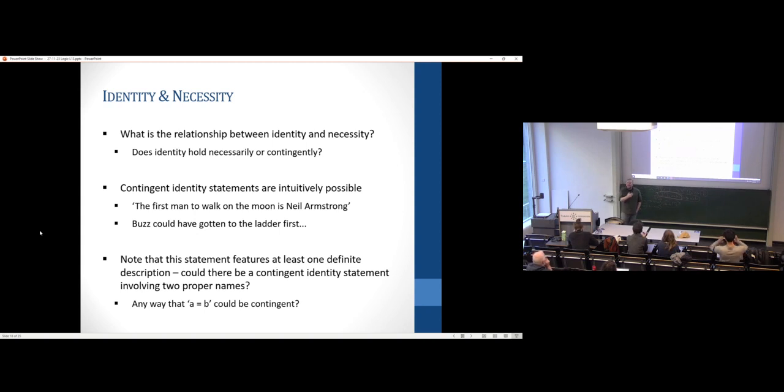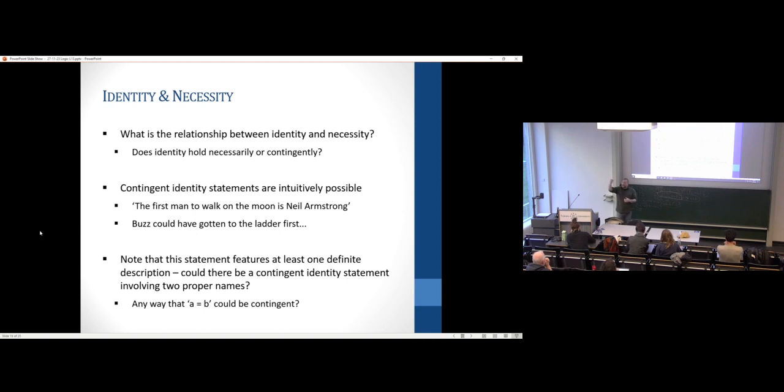But note that this identity statement features a definite description, right? The first person to walk on the moon, the F, and a proper name. So cool, those seem really easy to make contingent. Could we have an identity statement featuring two proper names that's true, but merely contingent?